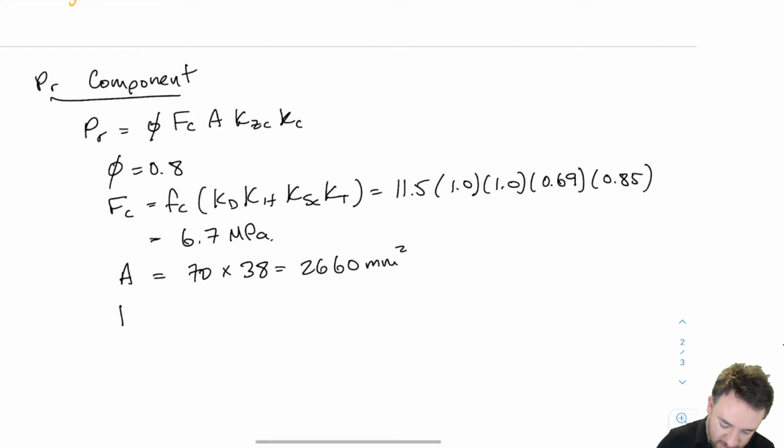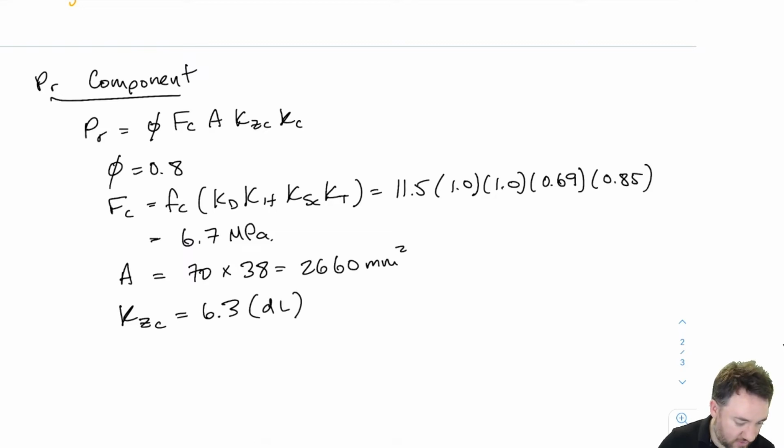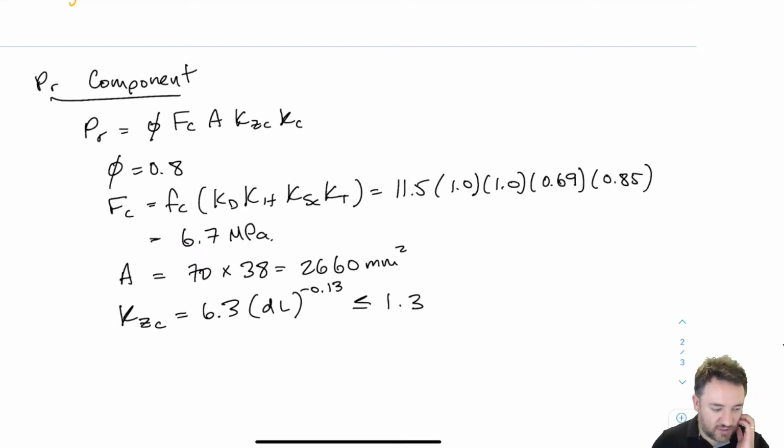Okay, next one is our size effect factor, KZC, which you recall has a kind of goofy, I'm sure the people who came up with this equation wouldn't like me calling it goofy, it's just a kind of empirical equation. So this is the equation from the standard. Now, D is supposed to be the depth in the buckling direction that we're considering when calculating PR, because remember we have to consider buckling in one direction, then buckling in the other direction.